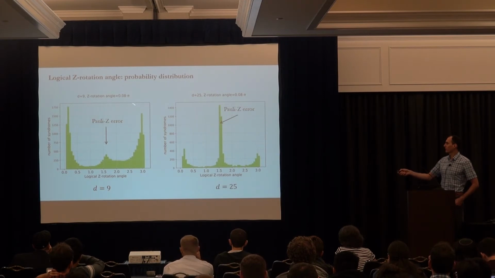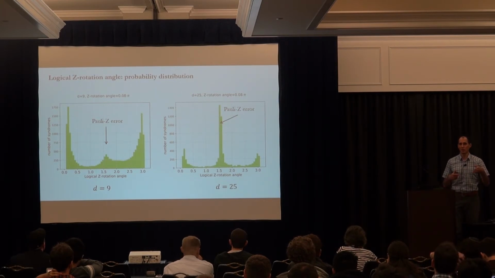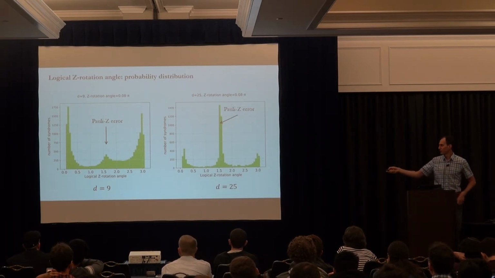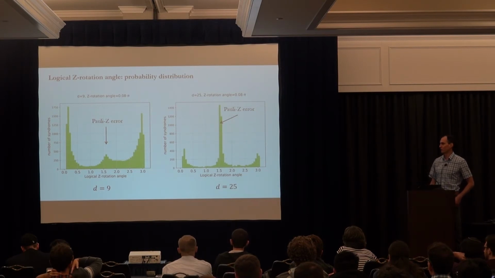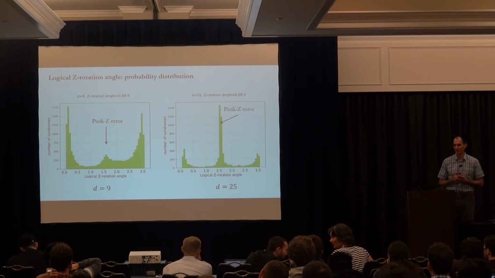Here I consider a regime below the threshold. For most of the syndromes, error correction is successful, and the logical rotation angle is 0 or very close to 0. Actually, these plots have a delta function located at theta equals 0, but to make them more readable, I just removed this delta function.